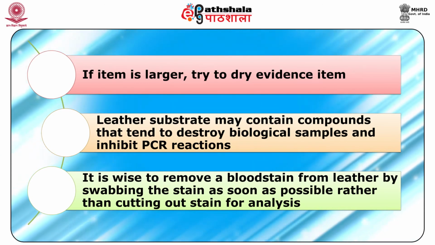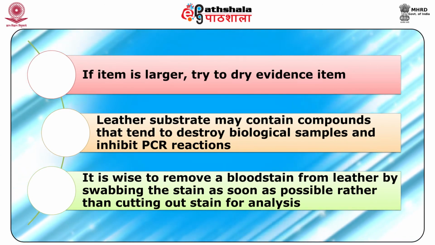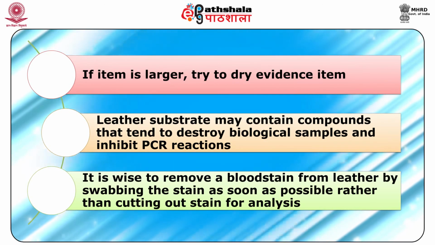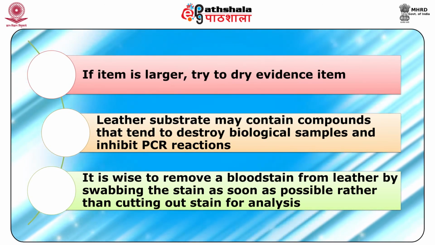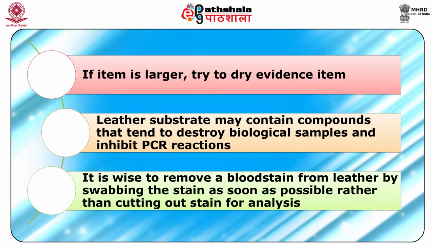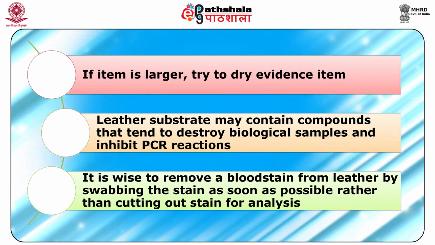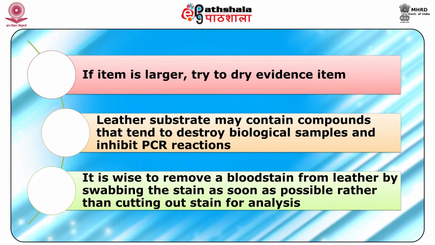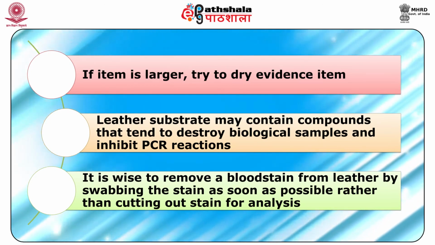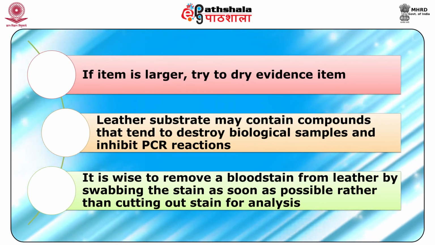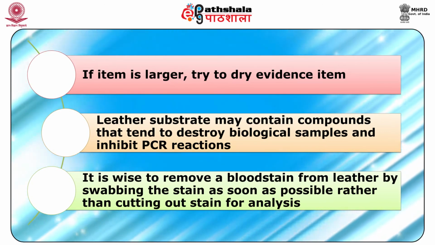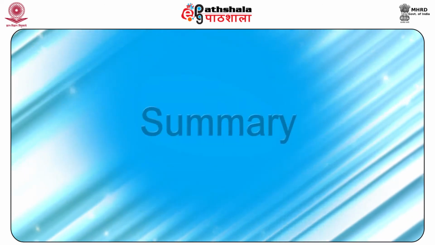For this reason, it may be wise to remove a blood stain from the leather by swabbing the stain as soon as possible rather than cutting out the stain for analysis. Certain plant material and soil are examples of other materials that might need to be separated from biological samples as soon as possible.